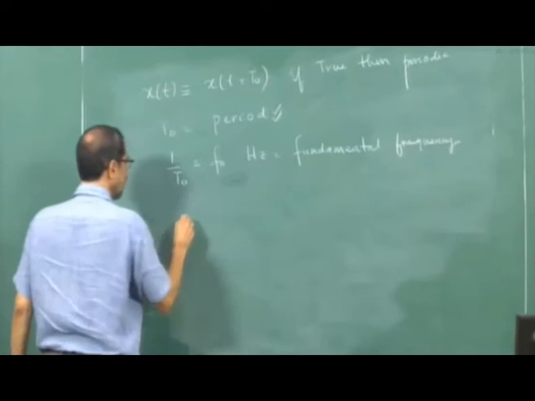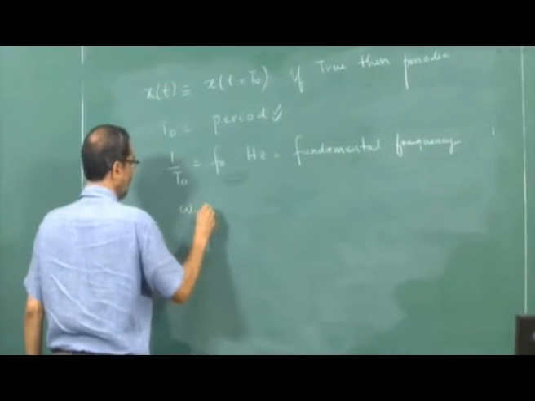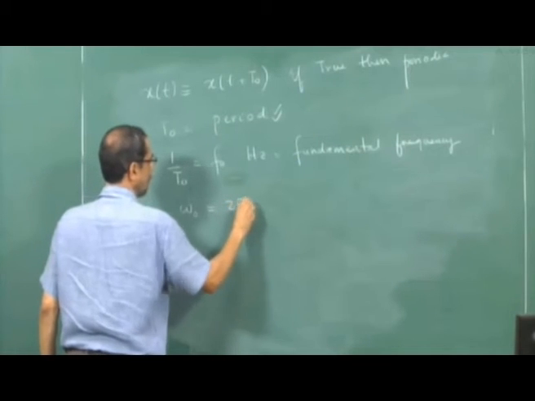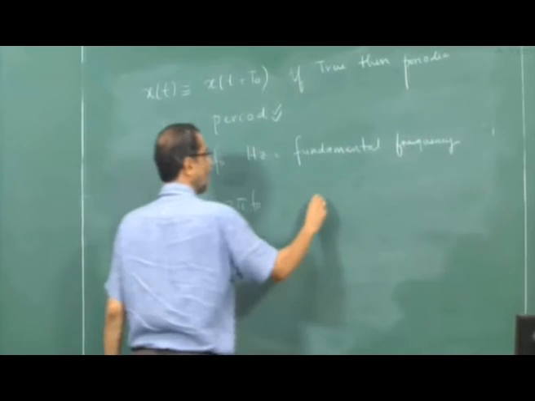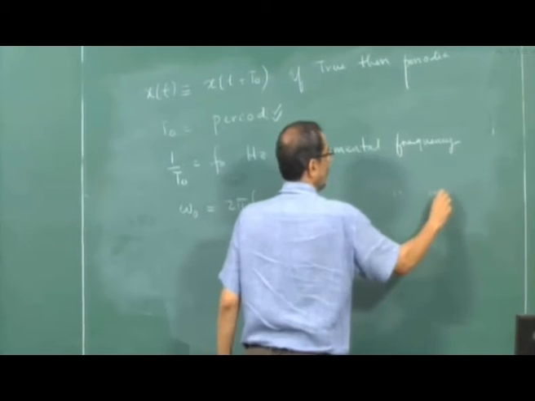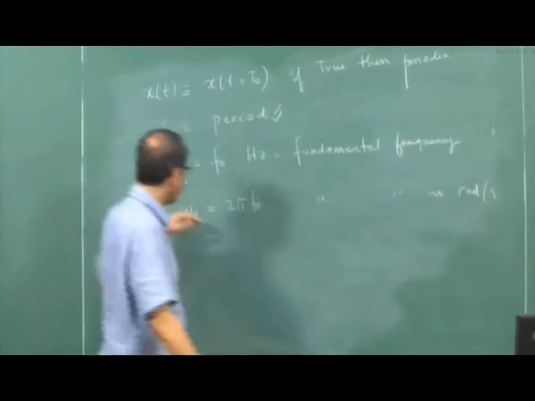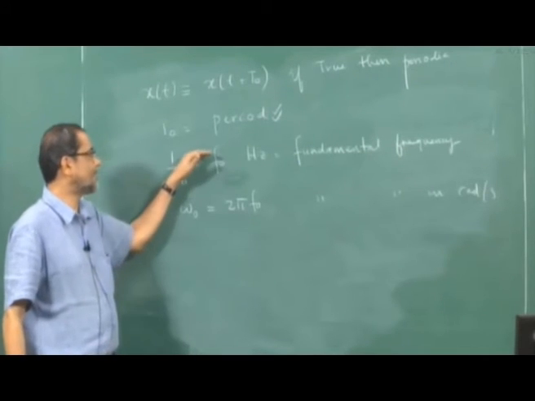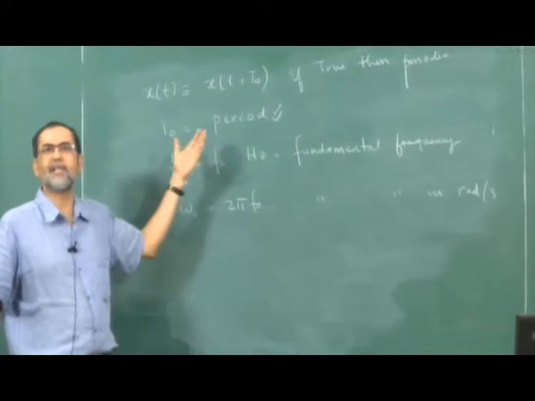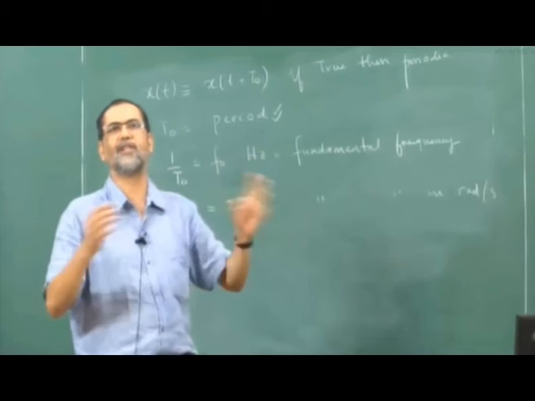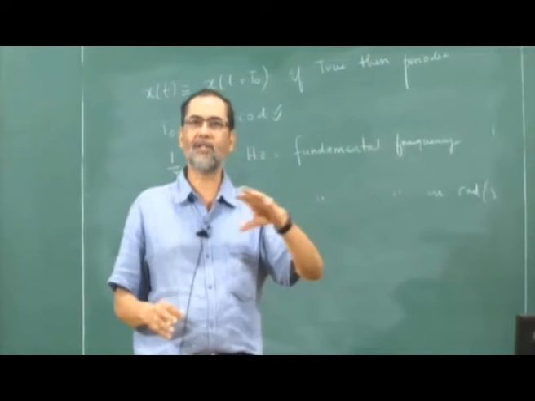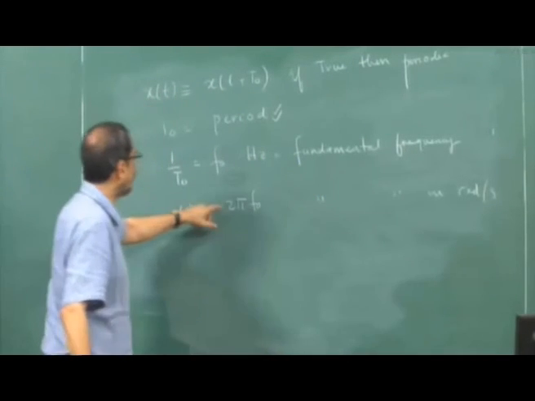We also say omega naught is defined as 2 pi f naught, the fundamental frequency in radians per second. So this is the radian frequency, and this is the frequency in hertz or cycles per second. The two are interchangeable except for a scaling factor.